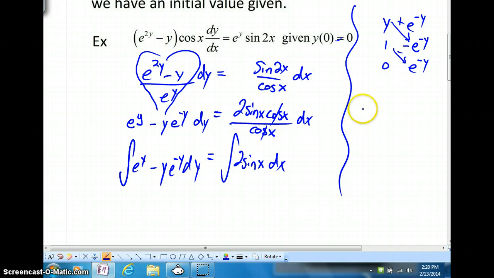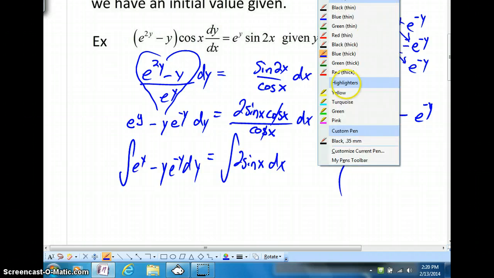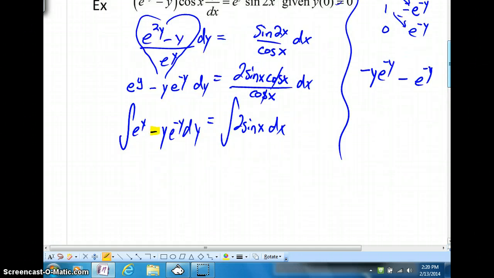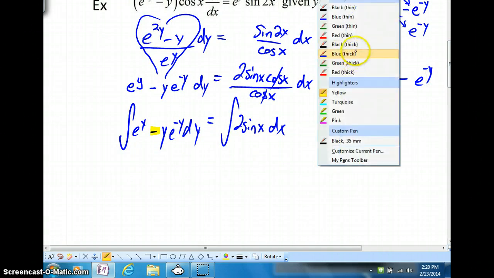So we'd have a y times negative e to the negative y. That would look something like this. Bring the negative out in front. Then bring this negative out in front as well, 1 times that. But we actually have this negative that's going to be applied to all of that anyway. So we're going to have to change all those signs.